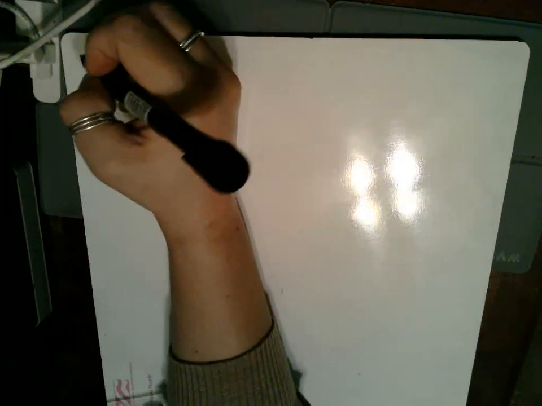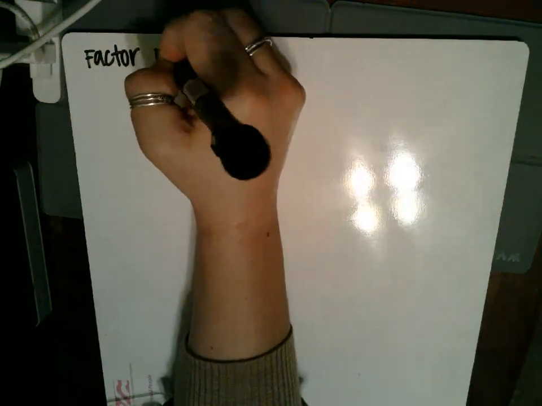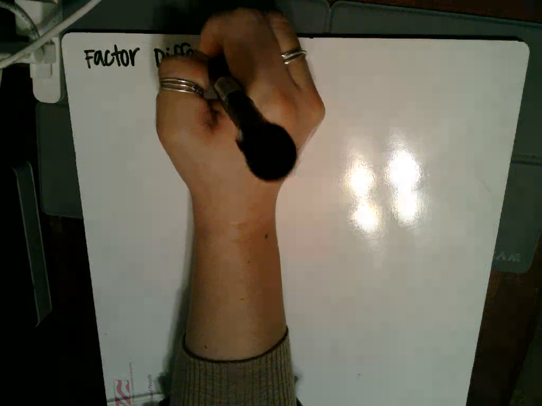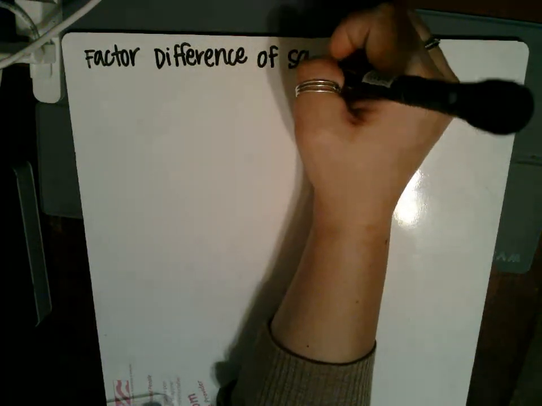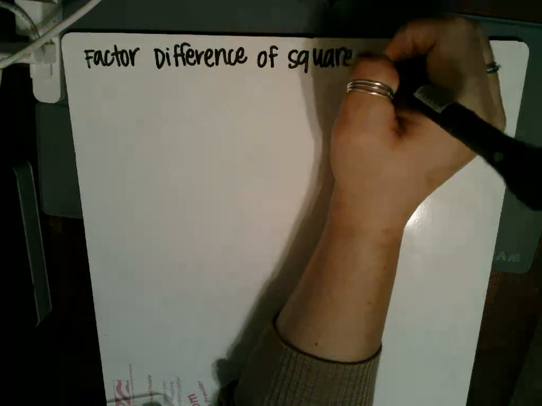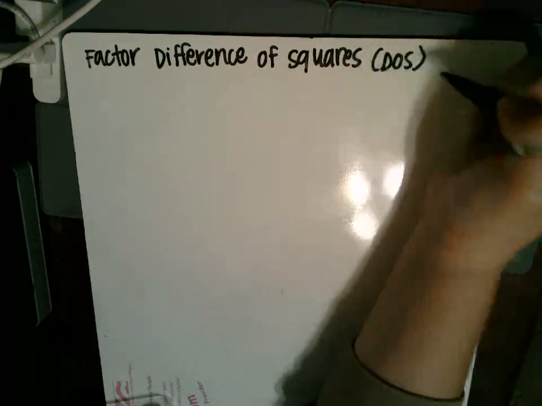So let's get started. To start, we're going to review how to factor a difference of squares problem, which I like to call DOS, D-O-S, difference of squares.